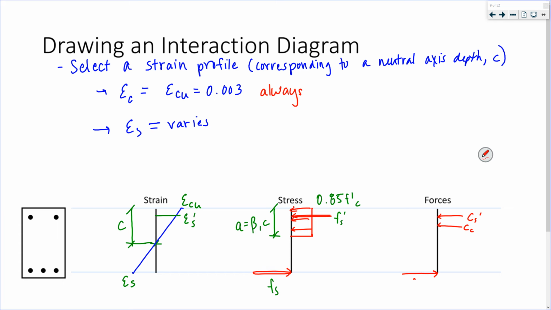And my tension steel. This is all a summary from flexural design, flexural determining the capacity, right? Just a refresher.